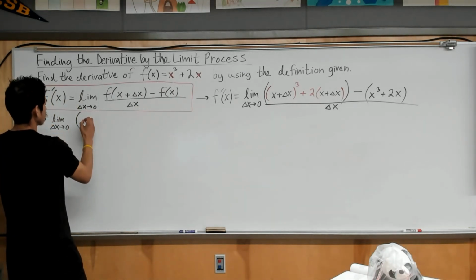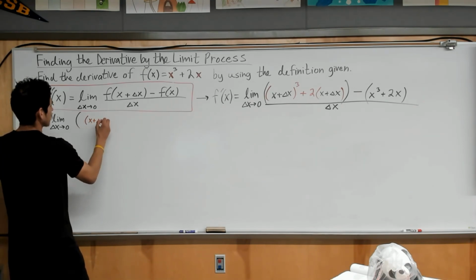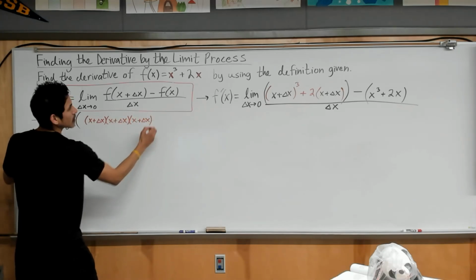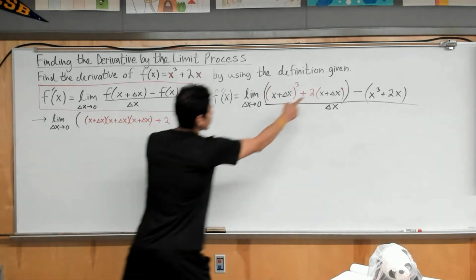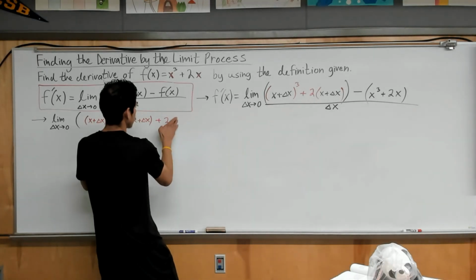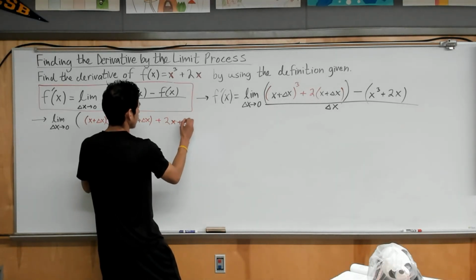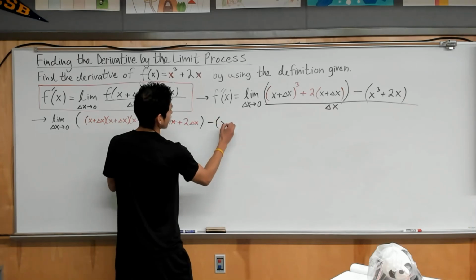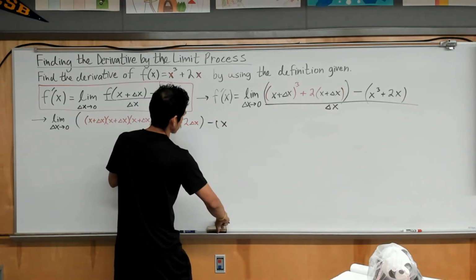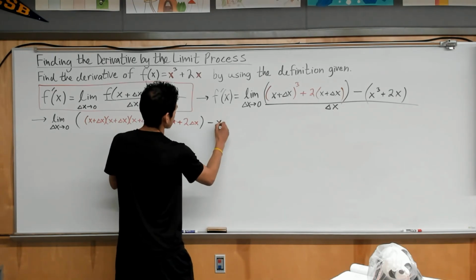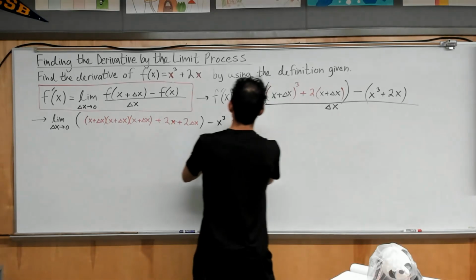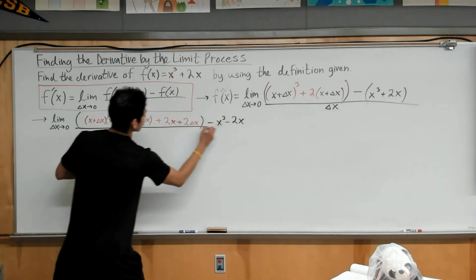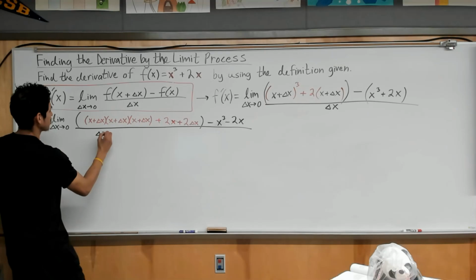So that's going to be x plus delta x times x plus delta x times x plus delta x, plus 2x plus 2 delta x, minus, again, x cubed, or let's actually take away the parentheses, minus x cubed minus 2x, all over delta x.